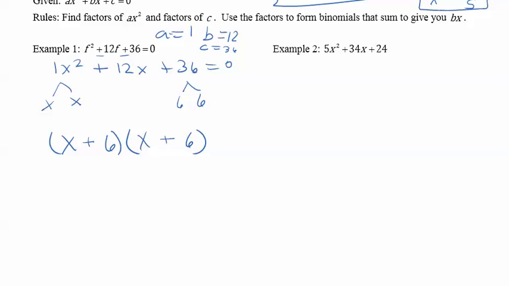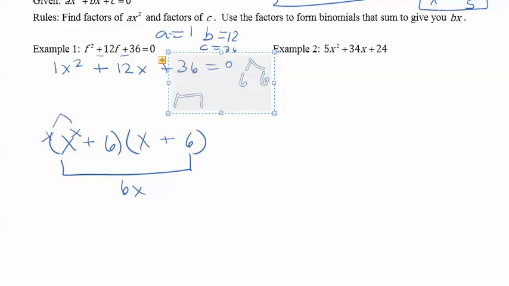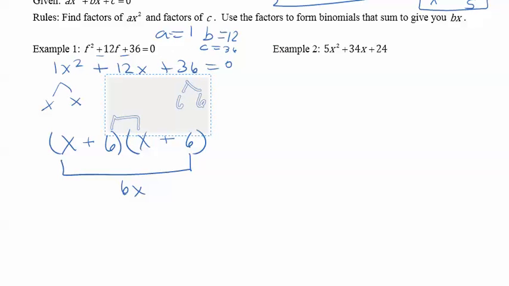Well, how do I know that for sure? Let's check the inside and outside terms. 6 times x will give me 6x. And then in the middle, 6 times x will also give me 6x.